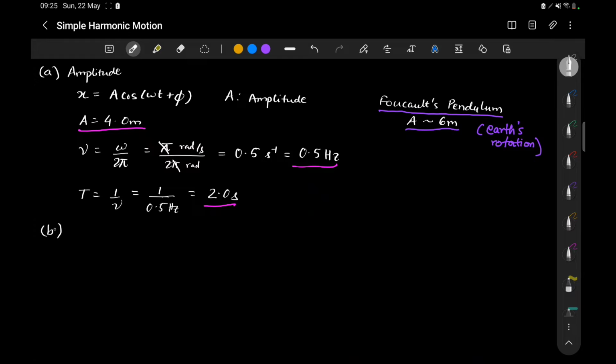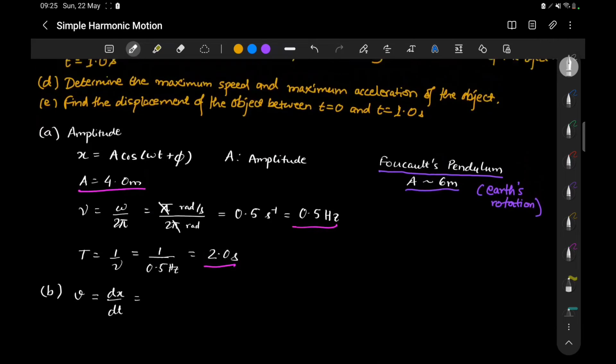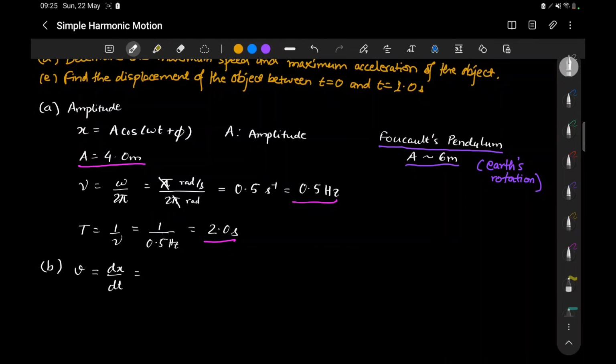The second part asks us to find the velocity and acceleration. Velocity by definition is the rate of change of displacement. So if we use the generic expression for x, we get the following.